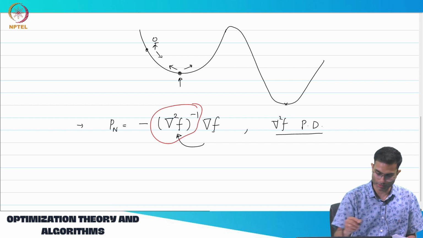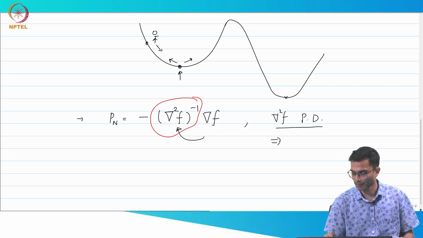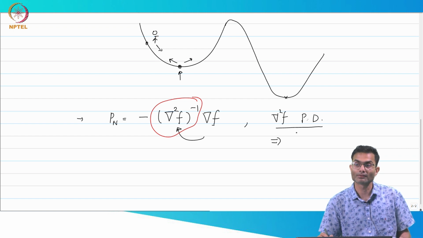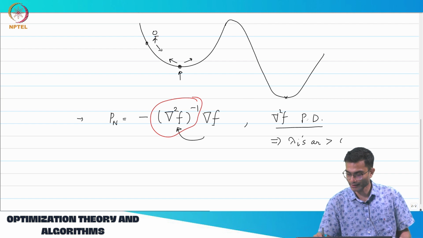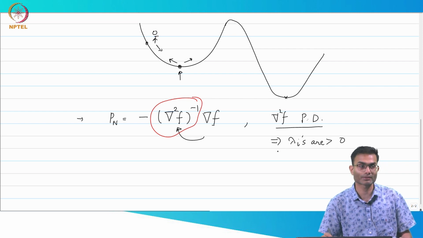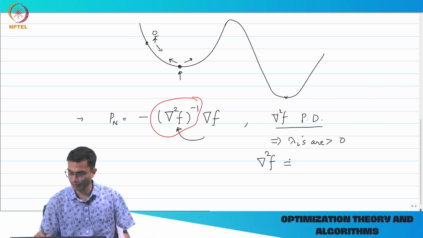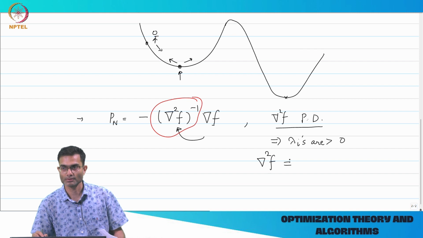Okay, so the explanation from linear algebra is correct, that if this is positive definite, it implies that all the eigenvalues lambda i's are strictly greater than 0. And remember, for a positive definite matrix, how did I write the eigen decomposition of the matrix? Can I write this Hessian in terms of the product of 3 matrices?